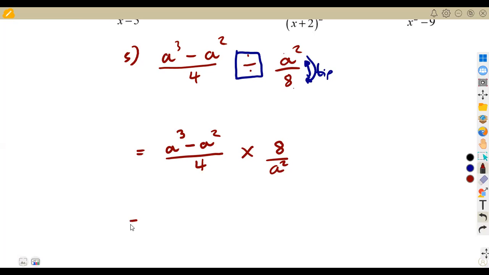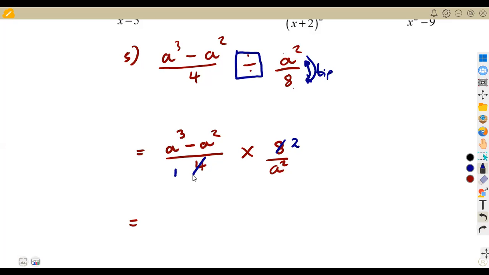We know that we can simplify this by dividing. As long as there's a common term between the numerator and the denominator, we know that it can be cancelled. If the terms are the same between the numerator and the denominator, you can reduce those terms. So 4 divided by 4 is 1. 8 divided by 4 is 2, right?